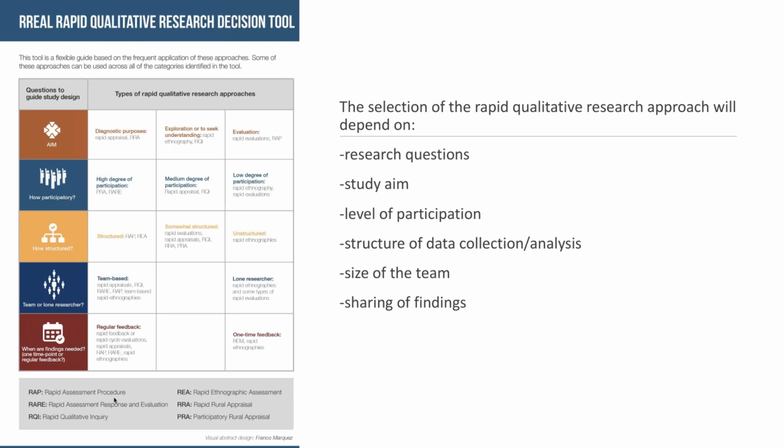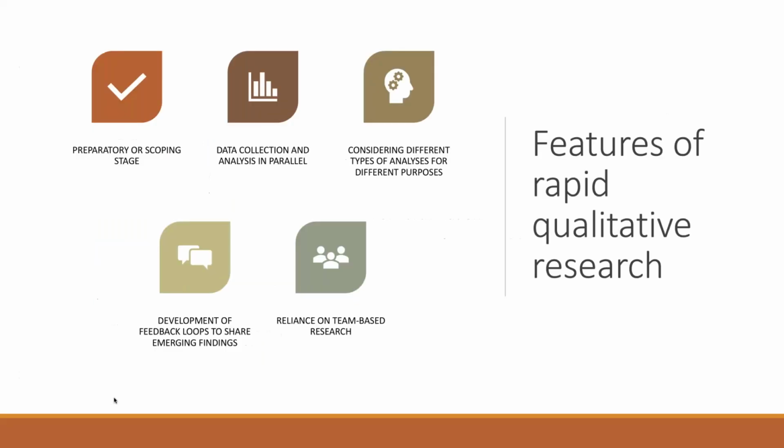So this is, I guess, the idea of creating this decision tool, which will be a part of the book and is also available on our website to provide a bit of guidance for those who are just starting to design their own rapid qualitative studies.